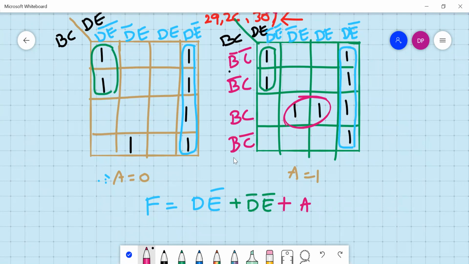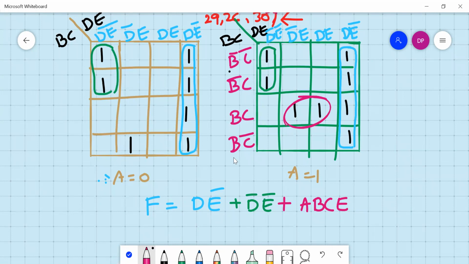A is equal to 1 is common in both of this. Then BC also common, isn't it? Then you have E common, right? Understand? You have this also common, right? BC also common and E also common. So we will be getting ABCE for this term, right?